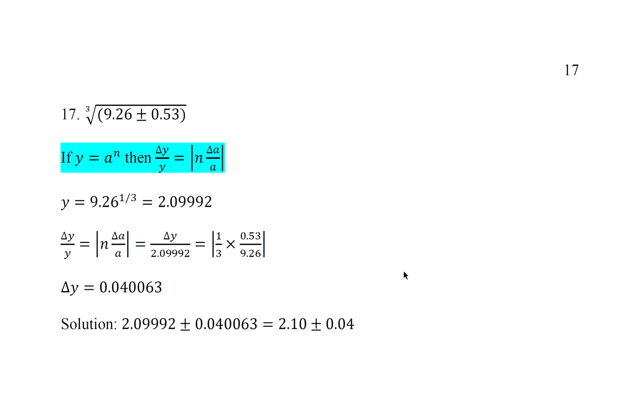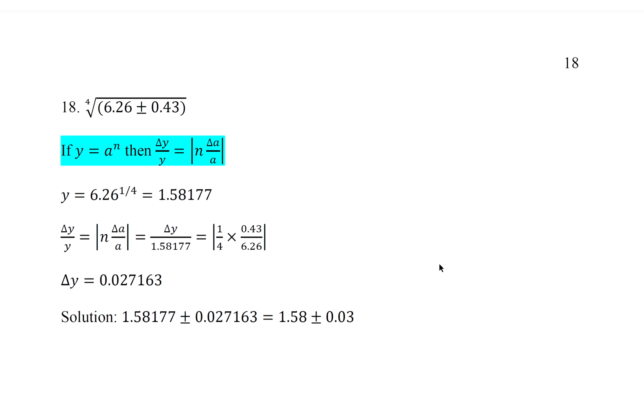Question 17, this exponent is to the 1/3 power. In question 18, this exponent is just to the 1/4 power.